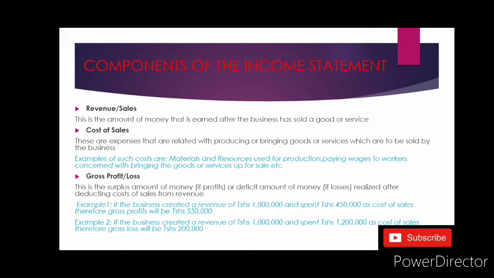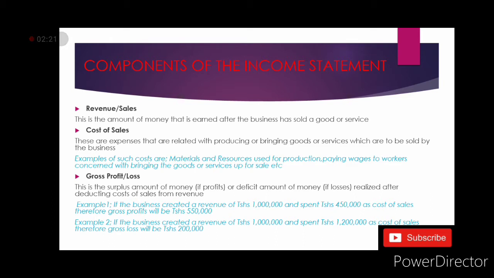If there is more revenue than costs, then the difference will be a surplus amount of money as gross profits. But if there is more cost of sales than revenue, then after you take the difference between revenue and cost of sales, you will find a deficit in the amount of money, which is basically a gross loss.